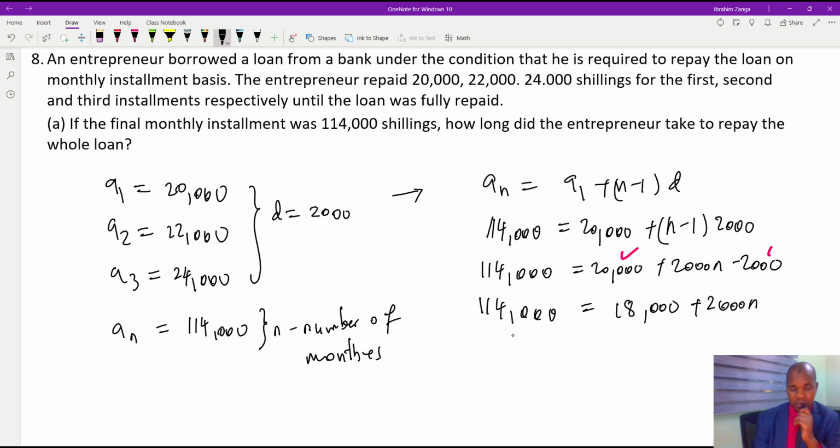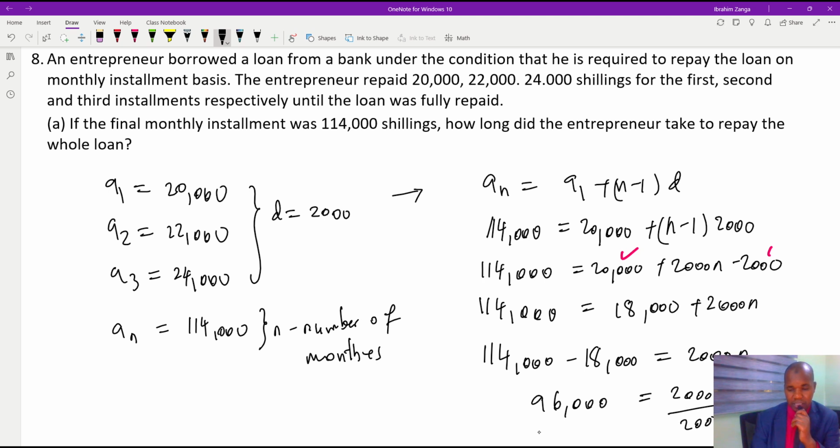Taking 18,000 to this side, you have 114,000 minus 18,000. On the other side you have 2,000n. Subtracting here, you have 96,000 equals 2,000n, and eventually you're going to divide both sides by 2,000.